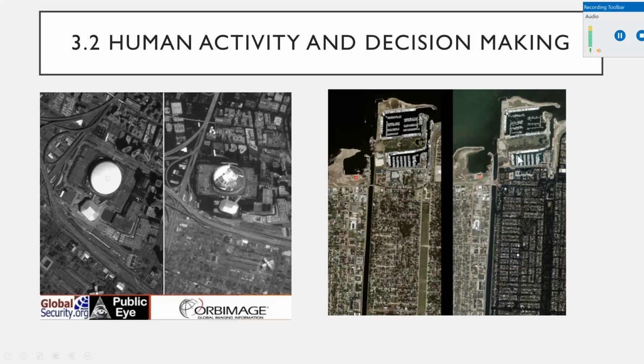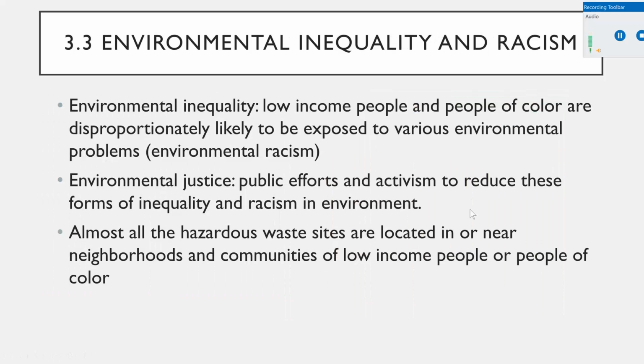Because of the different levels of preparedness and obstacles or barriers to floods, hurricanes, and natural disasters, it resulted in different levels of impact of the disaster by class and by race. And also environmental inequality and racism.